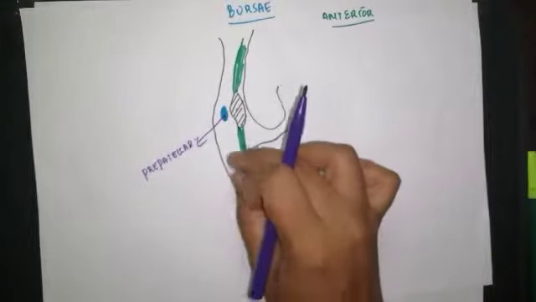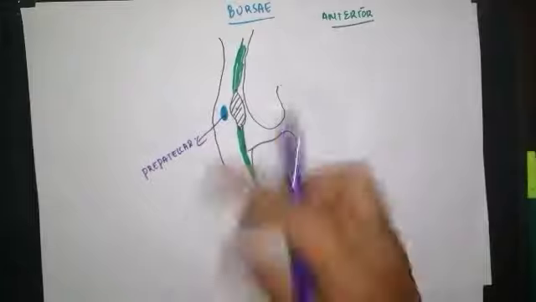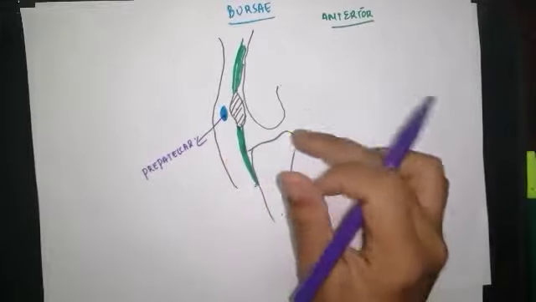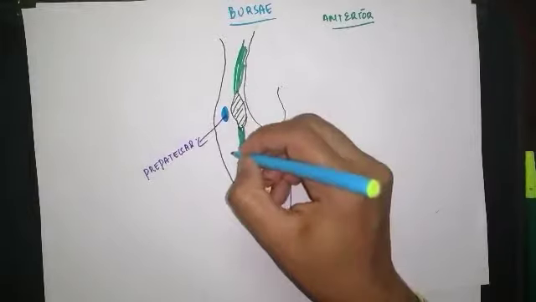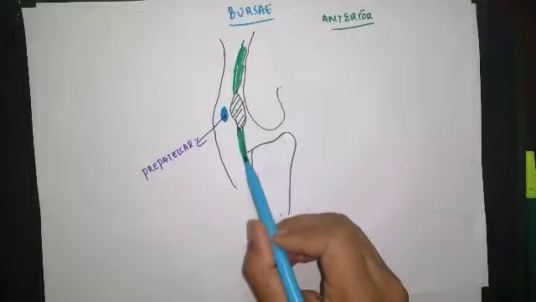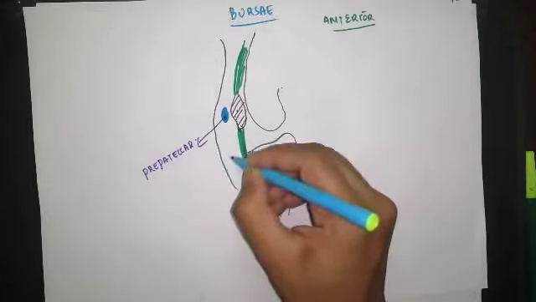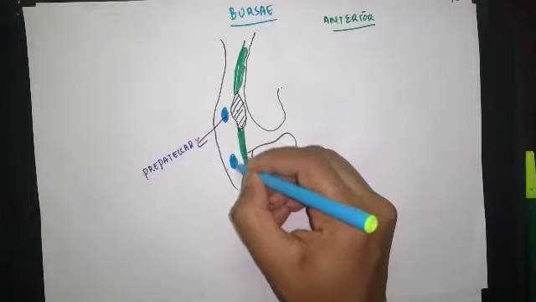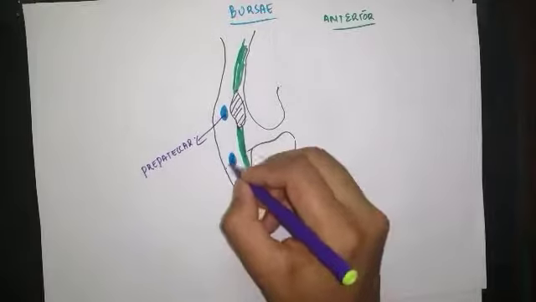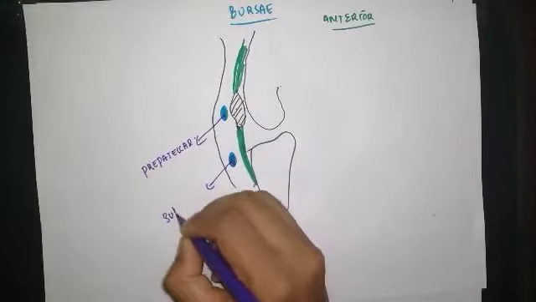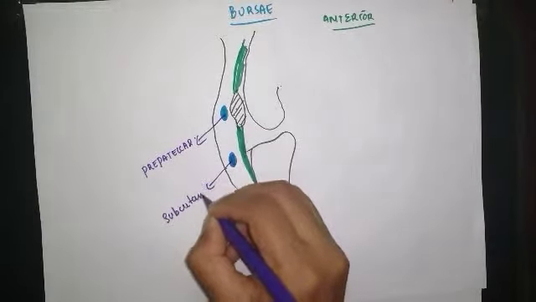It is present in the subcutaneous plane below the patella. So this one, which is present between the ligamentum patellae and the skin below the patella, is known as the subcutaneous infrapatellar bursae.